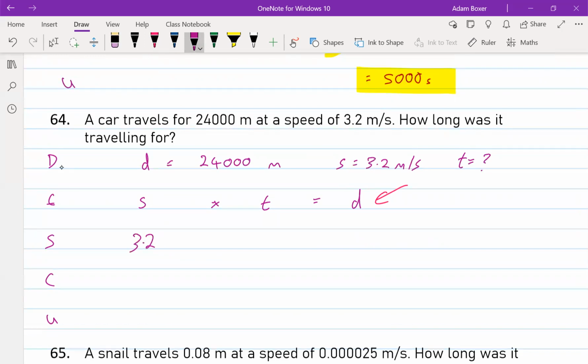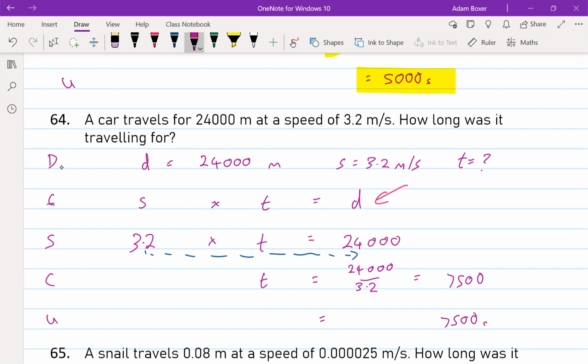Okay, just leave it as that and you'll always get it right. Again, we just take this from here and put it underneath. 7,500 seconds. There's your answer.